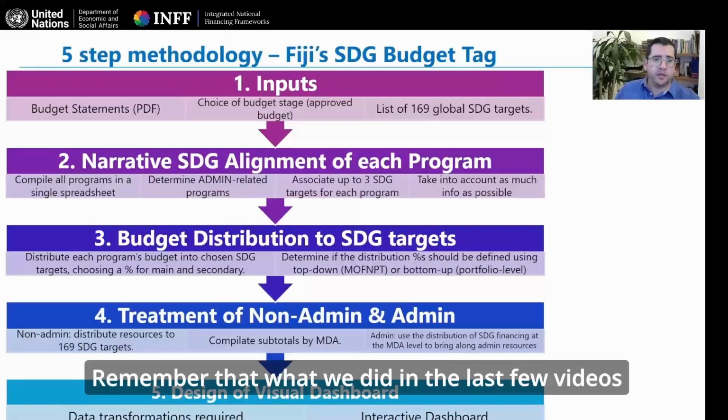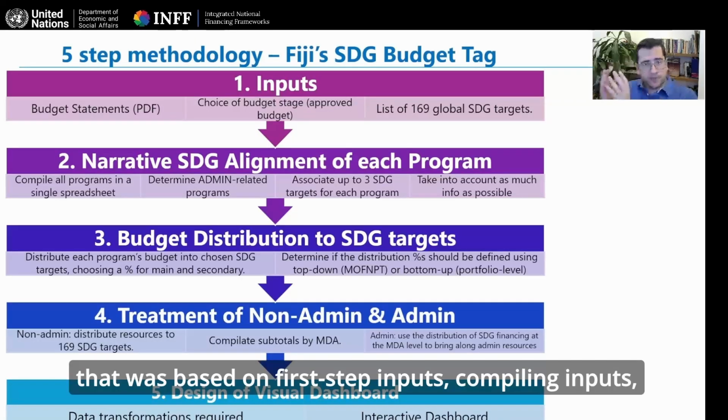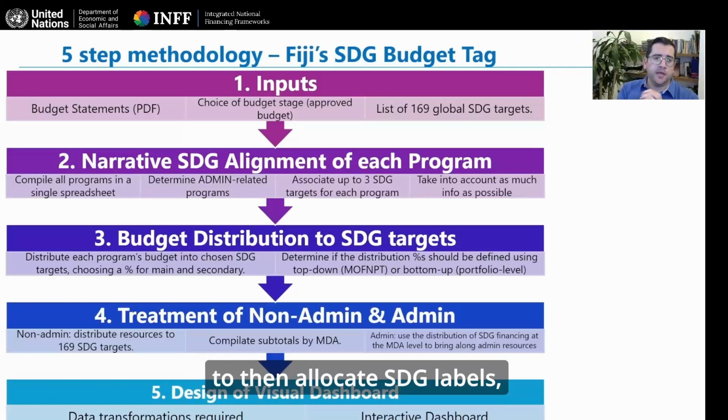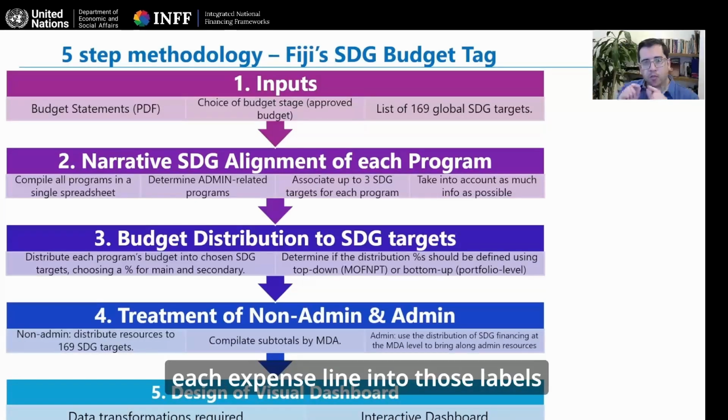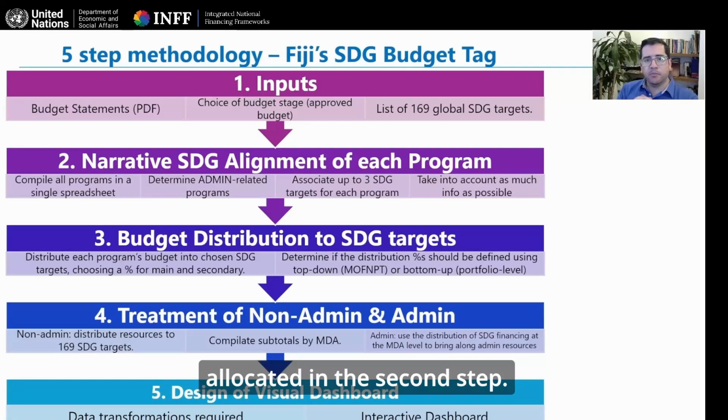Remember that what we did in the last few videos was to implement a five-step approach that was based on first step, compiling inputs, to then allocate SDG labels, which is the second step. Then we switched to distributing each expense line into those labels allocated in the second step.